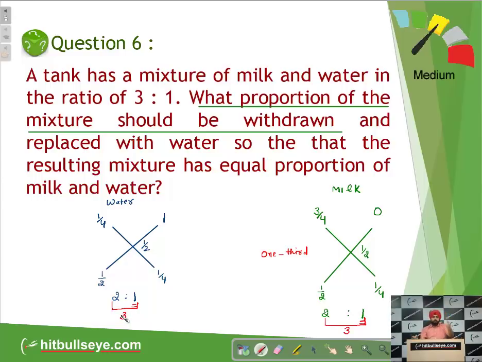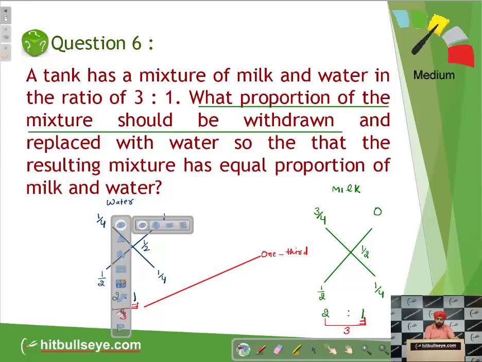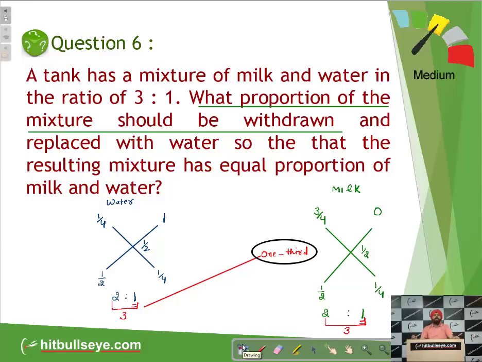So that means 1 out of 3 has been taken out and replaced. So what shall become the answer from that? From there, the answer again happens to be 1/3. So whichever way you solve this question, by way of milk or by way of water, the answer remains the same. Let's solve one more question.